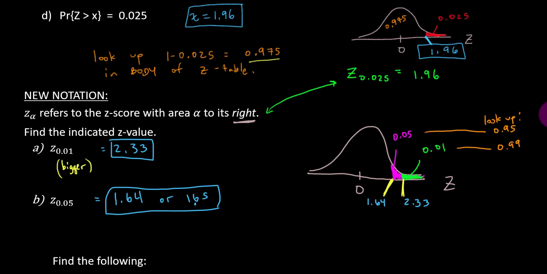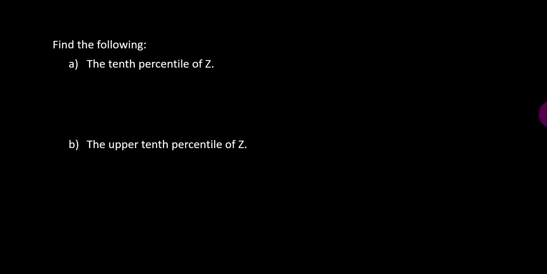Okay, I've only got a couple more questions for you, and I promise that is it. Let's find the 10th percentile of z and the upper 10th percentile of z. These questions are pretty similar, but remember what percentile refers to.